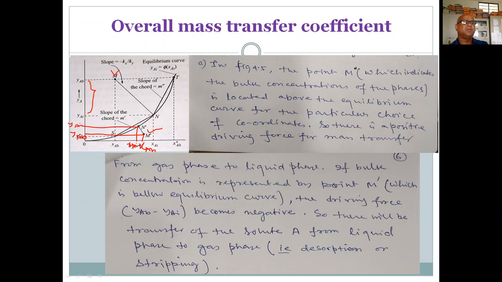If the bulk concentration is represented by an M point below the equilibrium curve, the driving force YB minus Y becomes negative, so there will be a transfer of solute from the liquid phase to the gas phase. That is desorption or stripping.